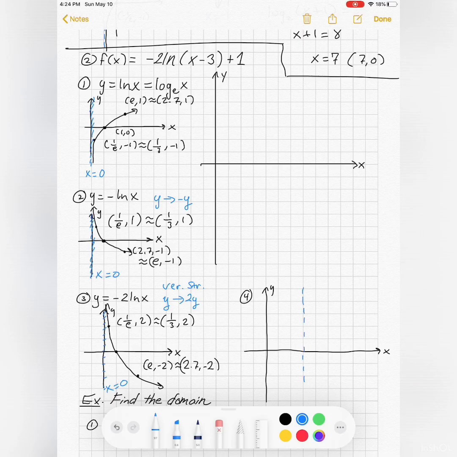There my vertical asymptote moves to x equals 3, right? Then I'd have 3 1/3, 2, so that's 7/3, 2.